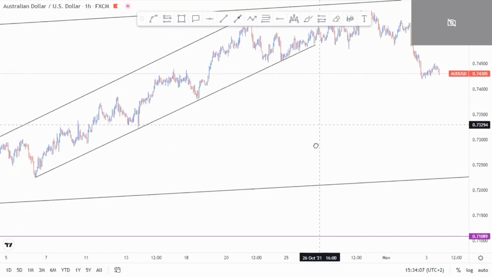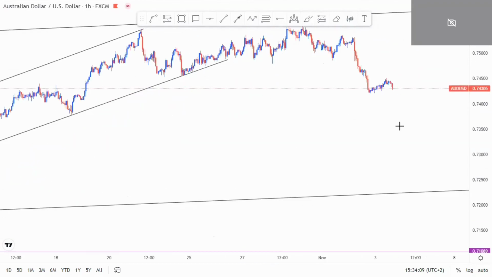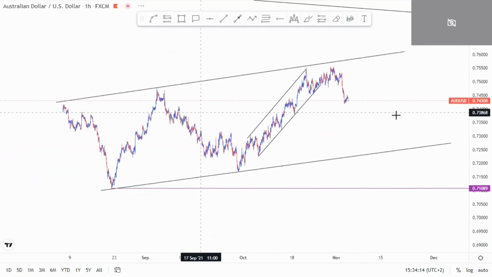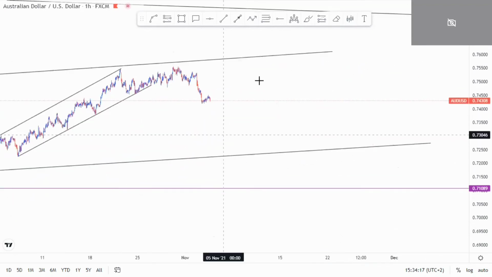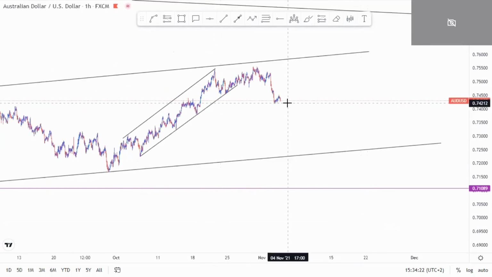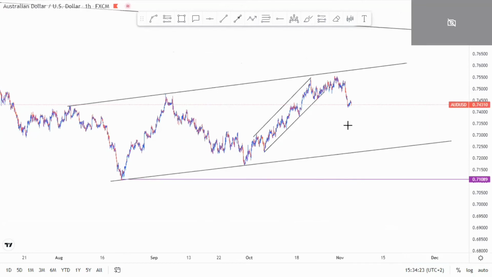So what I can say about this is that we are ready to go to the downside, and we'll be going for that long drop you guys saw on the 1 week and 1-day time frame. We're going all the way down with this pair.